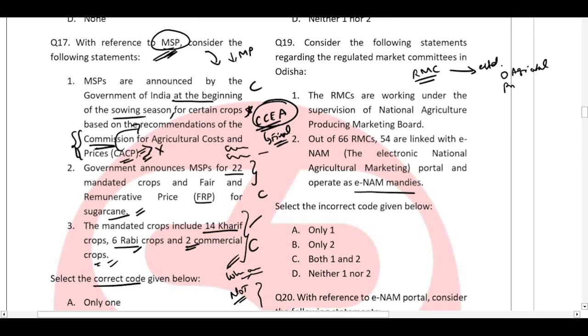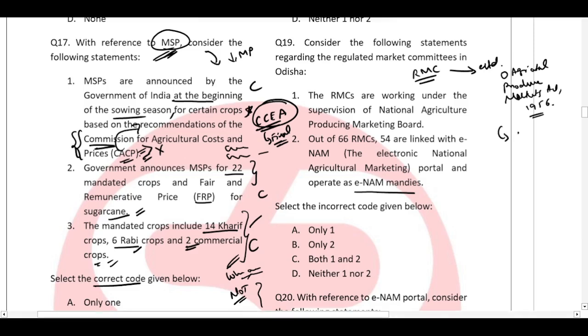Agricultural Produce Markets Act 1956. So the RMCs were established under the Odisha Agricultural Produce Markets Act 1956 for what?